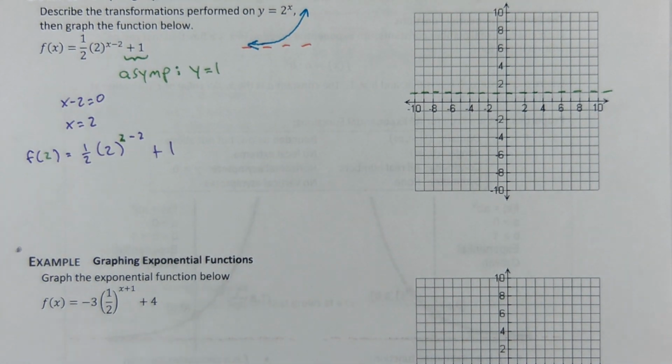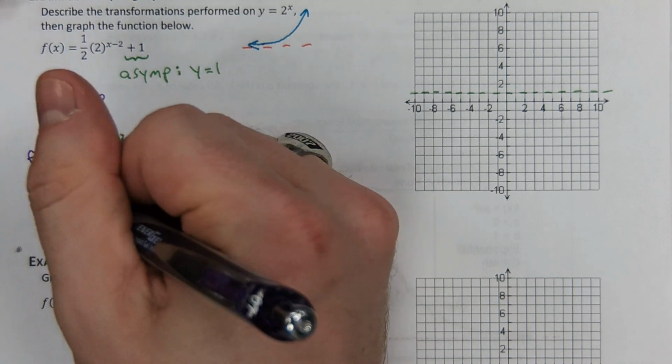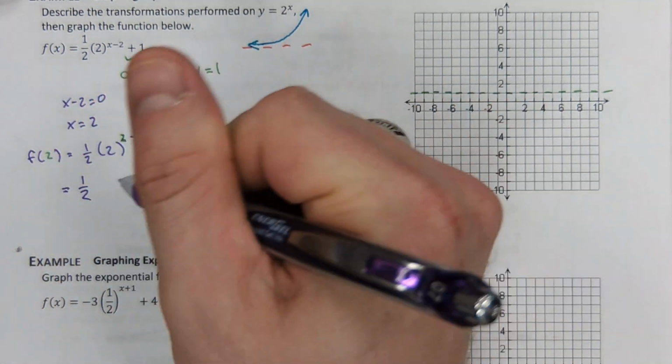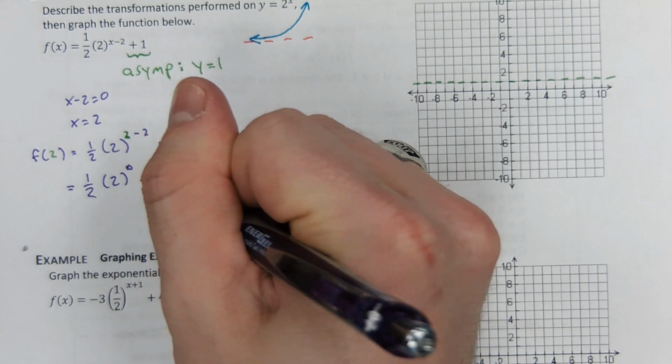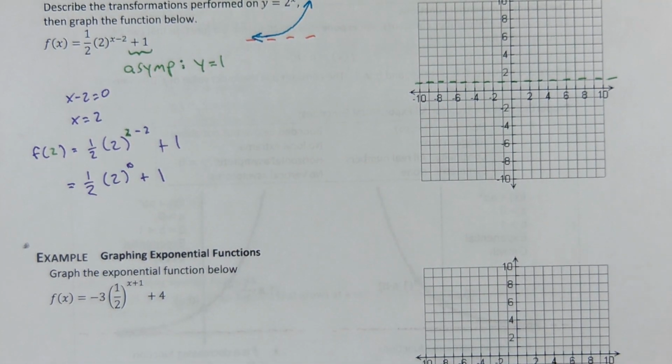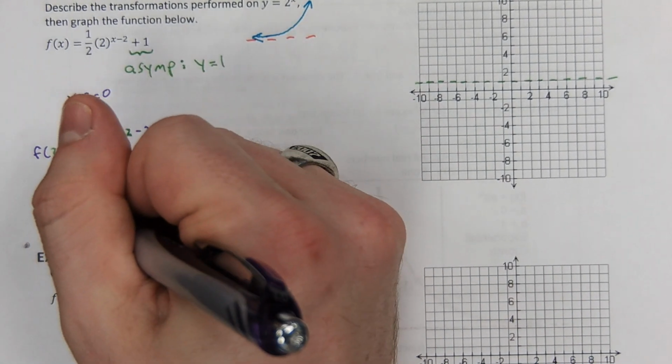We engineered that to happen. We wanted to figure out what was going to make the exponent equal 0. We like exponent of 0 because every positive base to the 0 power is going to be equal to the exact same thing: 1. And that's why we like it. It makes our exponential base disappear, essentially.